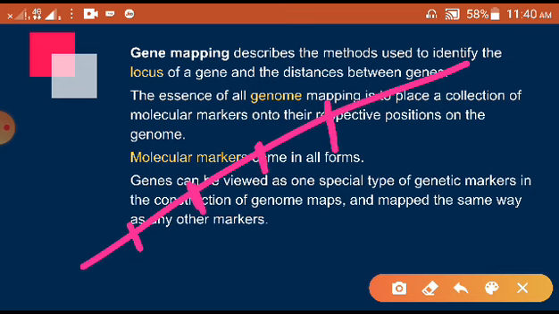So what you are doing is making a mark in the whole genome where the gene is present, right?